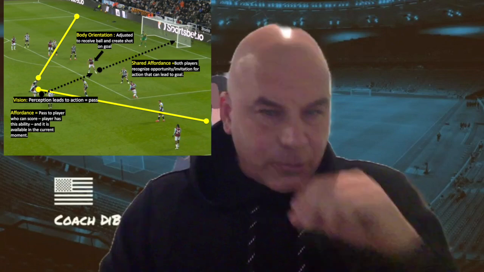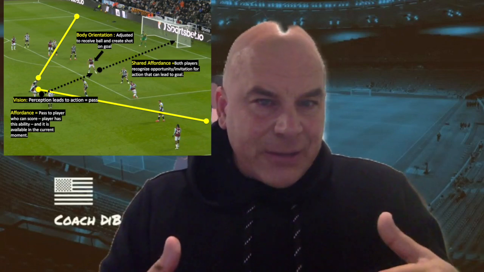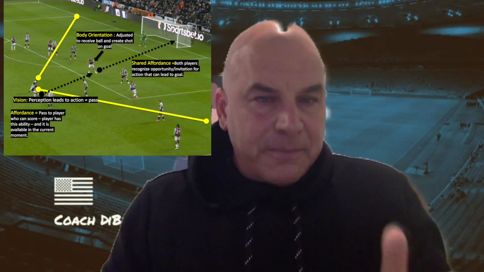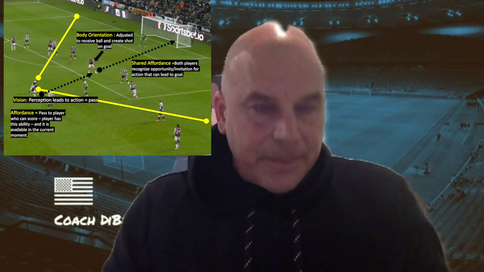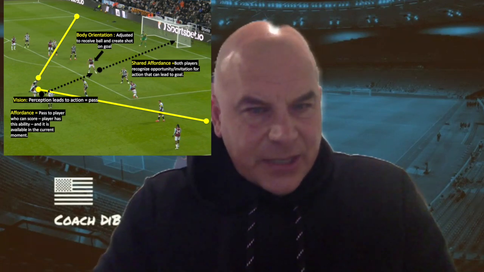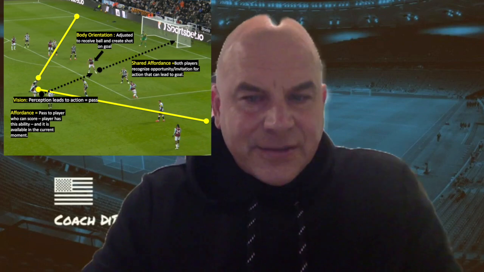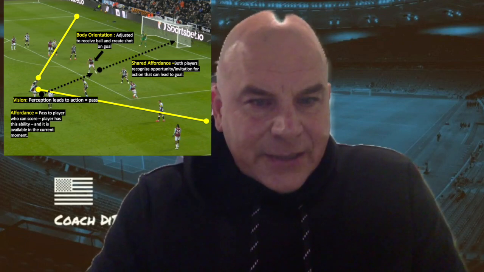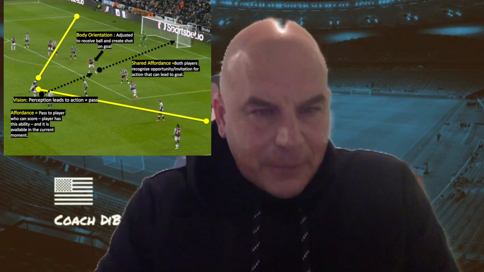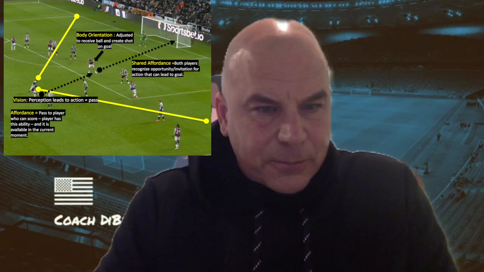If you take a look at the two yellow lines, these yellow lines show the player's visual perception. Between these lines, they're getting direct information from the environment through visual perception.